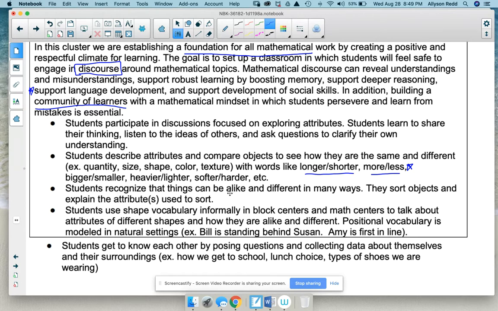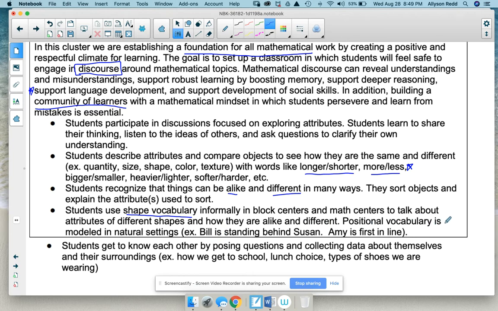Students are recognizing that things can be alike and different. They can sort objects. They're going to build and use their shape vocabulary informally. So we're not giving vocabulary tests here, right? Throughout all of their work here, they're going to begin this informal vocabulary about shapes.